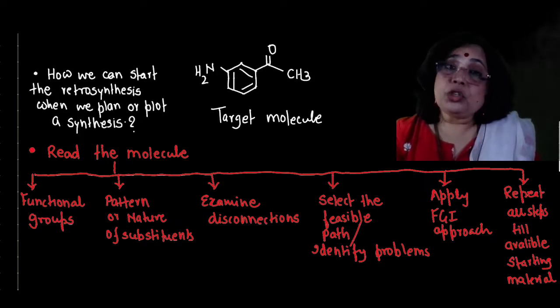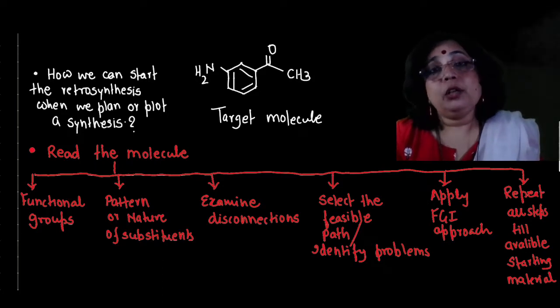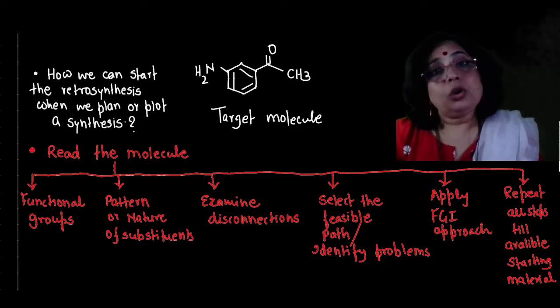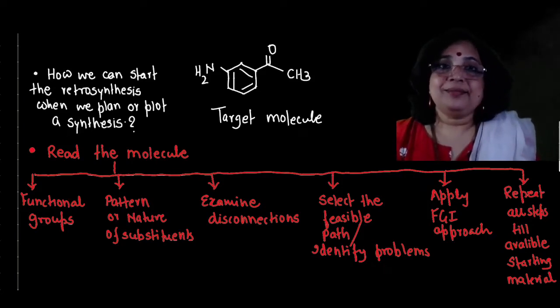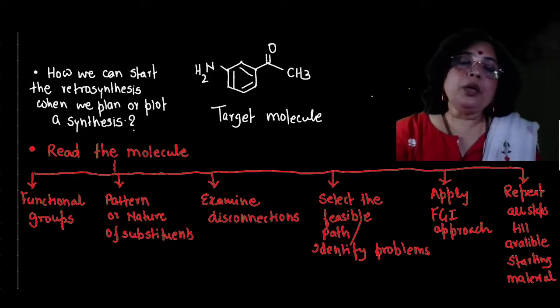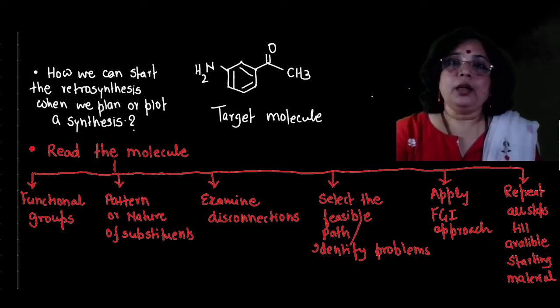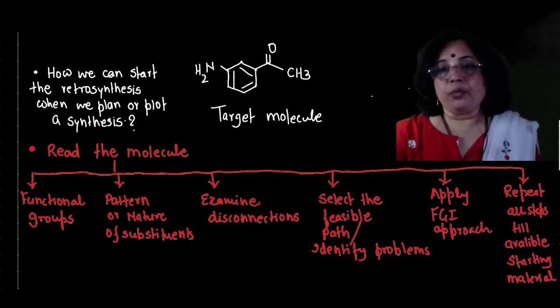This much information is quite sufficient to apply the functional group interconversion criteria to the molecule. Please remember, these guidelines are not rules. They will definitely help us resolve complicated retrosynthetic analysis. How can we apply a logical approach to synthesize this target molecule, and how can we apply these guidelines? Let us see one by one.